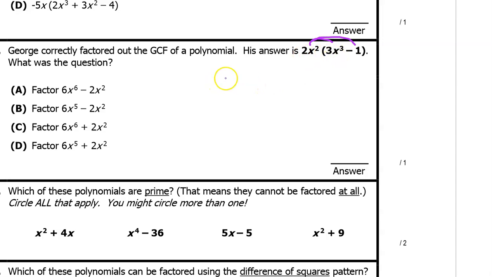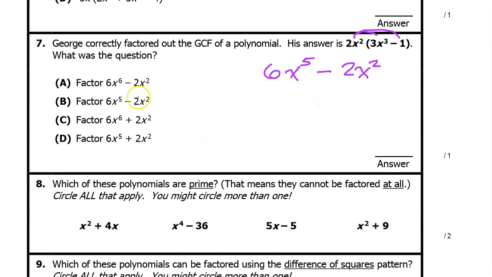First of all, 2 times 3 is 6. Now we're doing x squared times x to the third power. Remember, when you multiply variables, you add the exponents. So this will be x to the 5th power. And then 2x squared times 1 is just 2x squared. So this must be the original problem. All right, so 6x to the 5th power minus 2x squared, that's B.